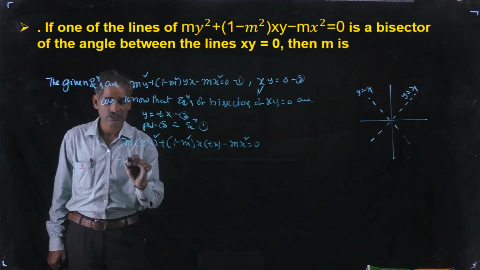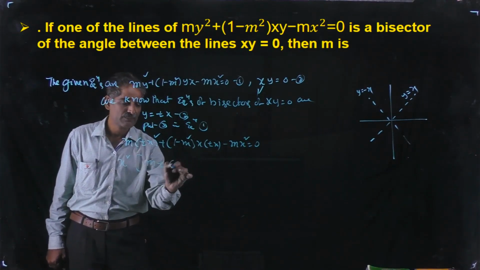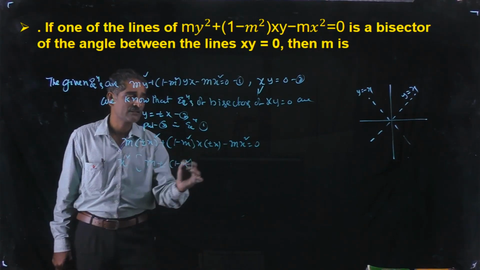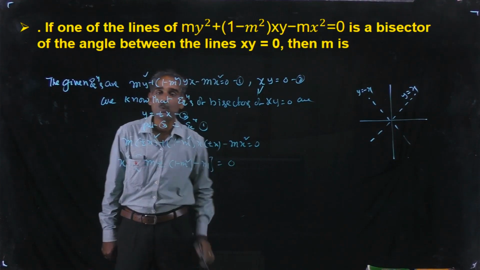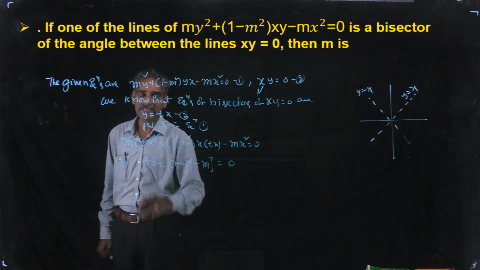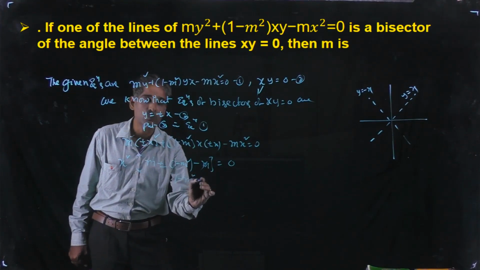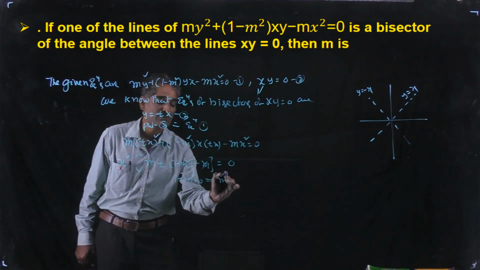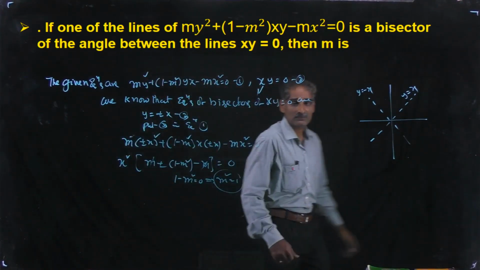Take x square common, then we get m plus or minus 1 minus m square minus m is equal to 0. So m gets cancelled. Therefore 1 minus m square equal to 0. This implies m square equal to 1, so m equal to plus or minus 1.